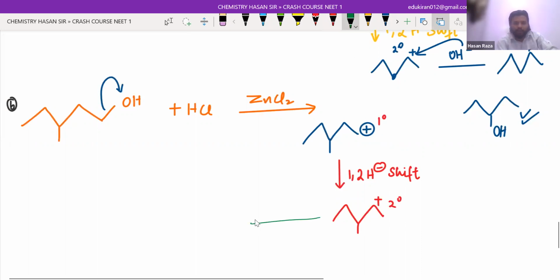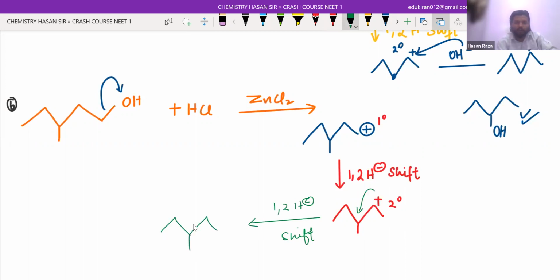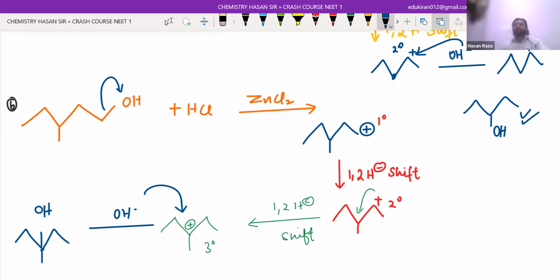Now if you move this 1,2 hydride shift, what will happen? This positive charge will come here, and you can see this is your 3 degree carbocation, and you know 3 degree carbocation is more stable. Then OH minus will come into play and it will attack here, and you will be getting this product. And its name is 3-methyl 3-fluoro.